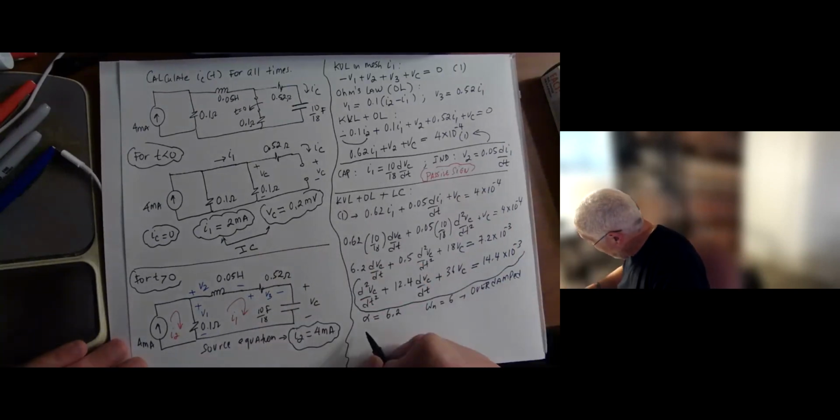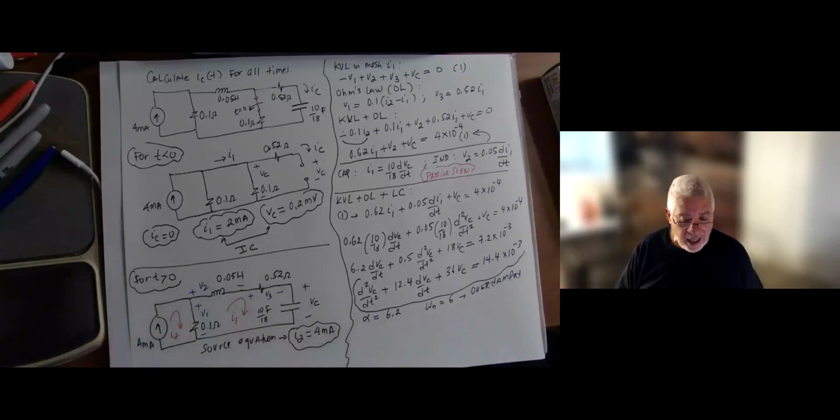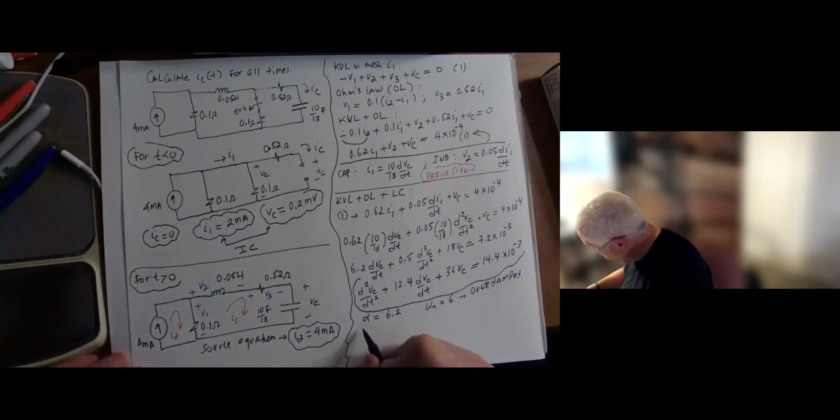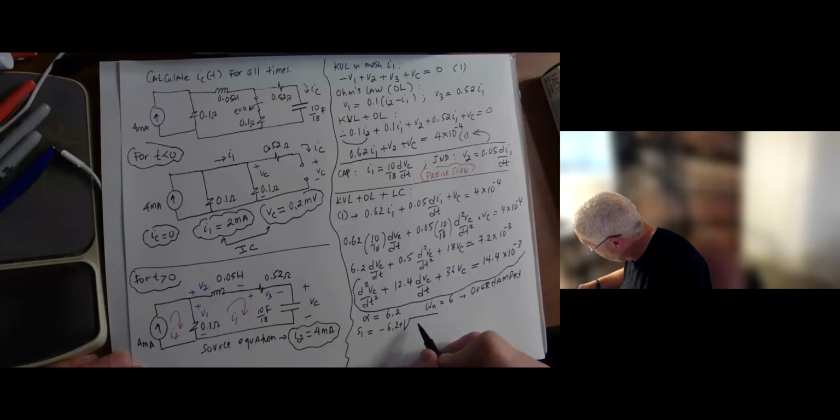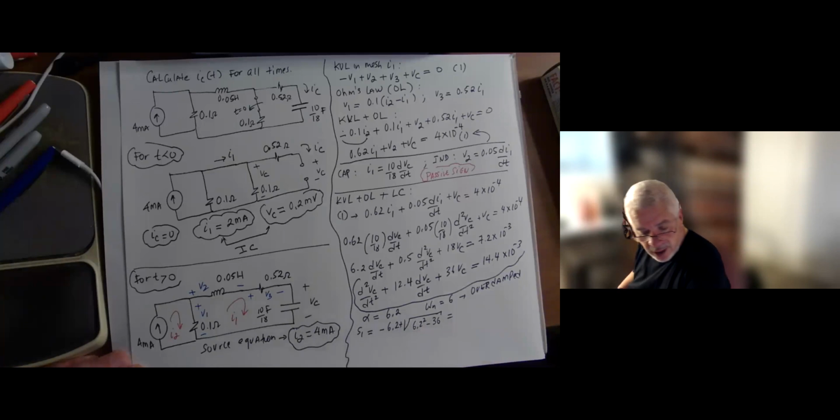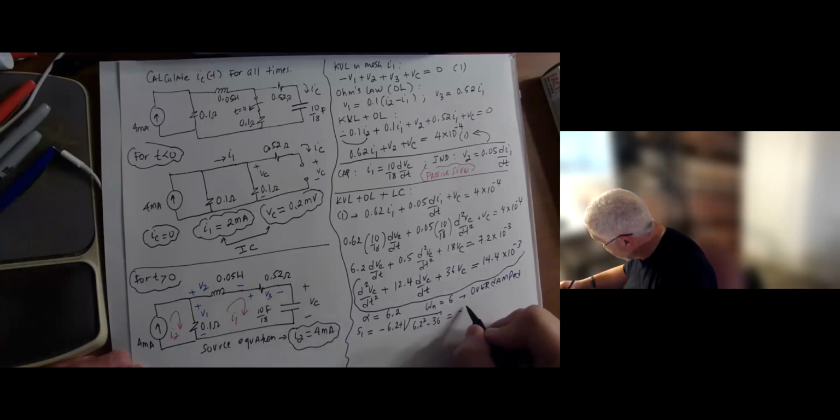So I can calculate again, looking at S1, S1 is minus 6.2 plus square root of 6.2 squared minus 36. Okay. And that's minus 4.64.